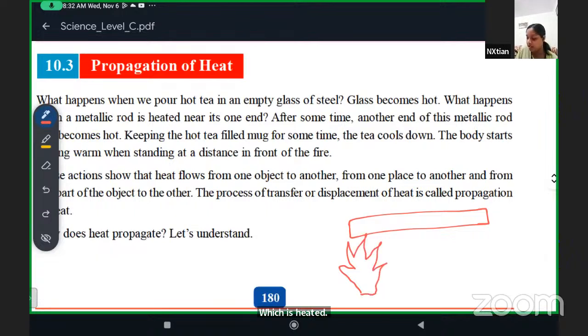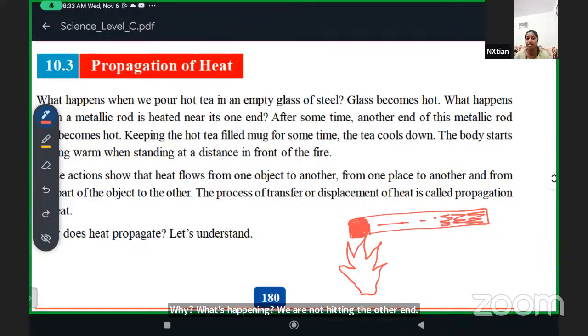From this end, it will become hot, and then slowly it will start becoming hot from the other end as well. Why? We are not heating the other end, we are only heating one end.